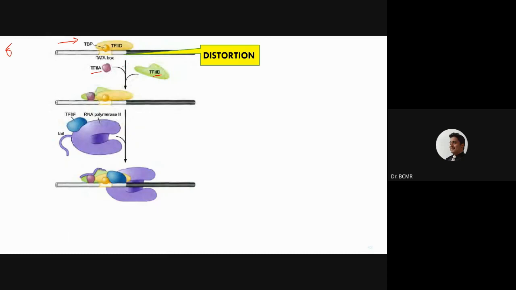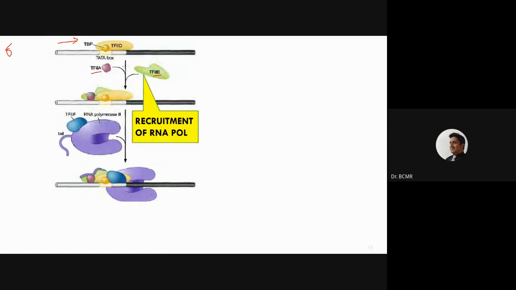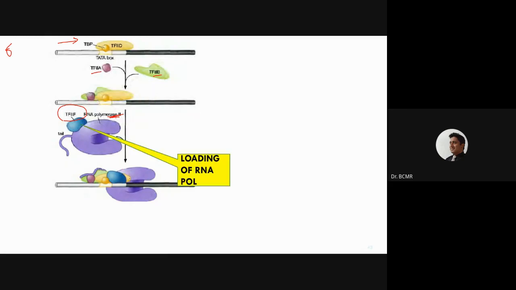And upon distortion, TFIIA and TFIIB are recruited to the promoter. The TFIIB has a function in recruiting the RNA polymerase. RNA polymerase, we are talking about II, is bound by TFIIF. And then you have the loading of RNA polymerase to the promoter, something like this.